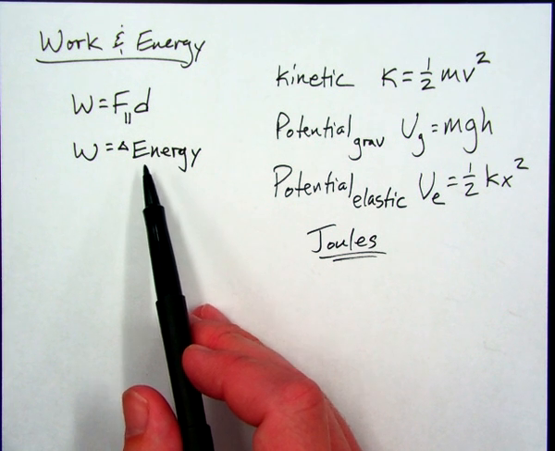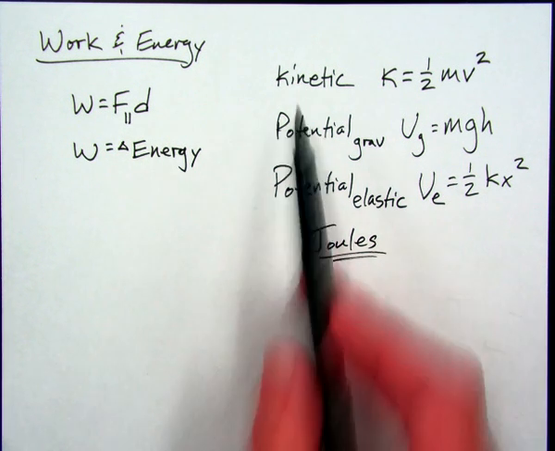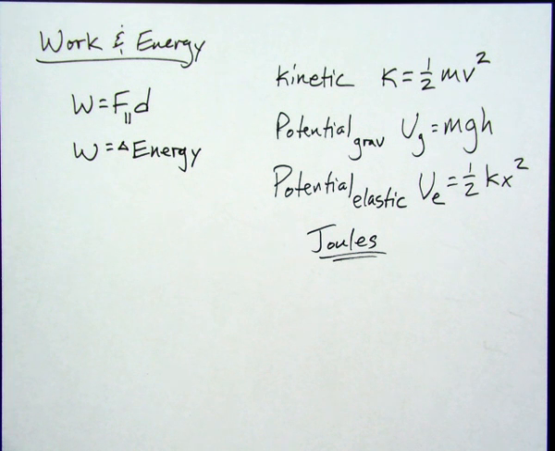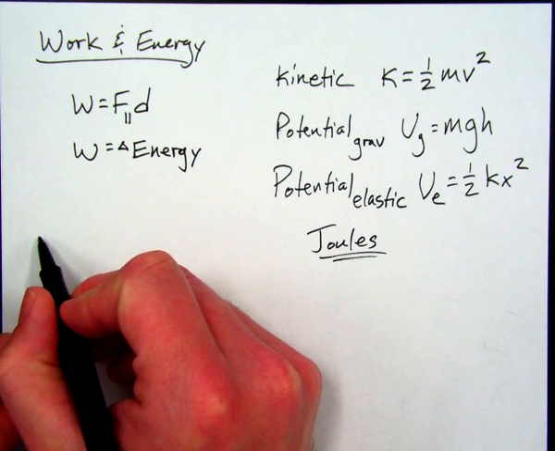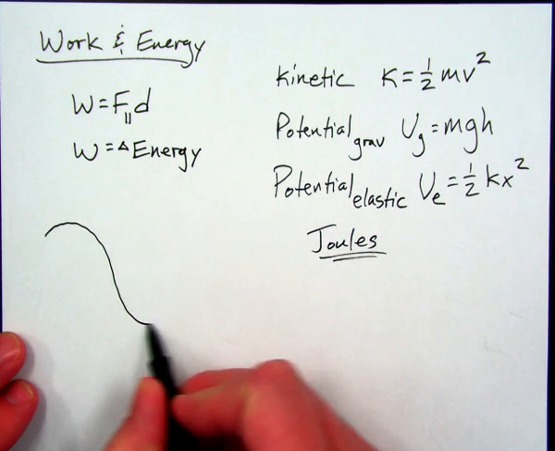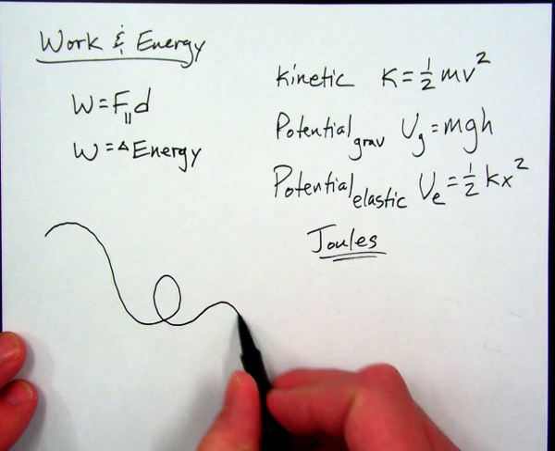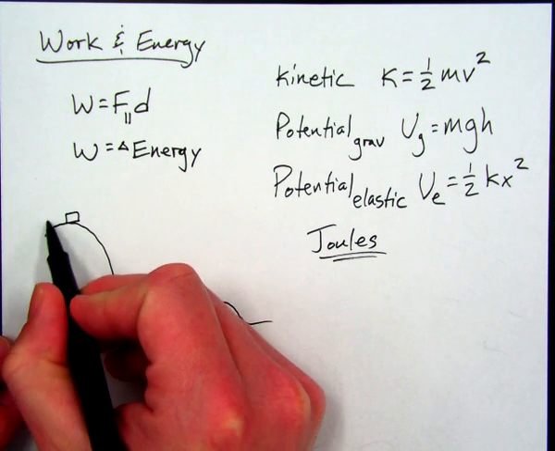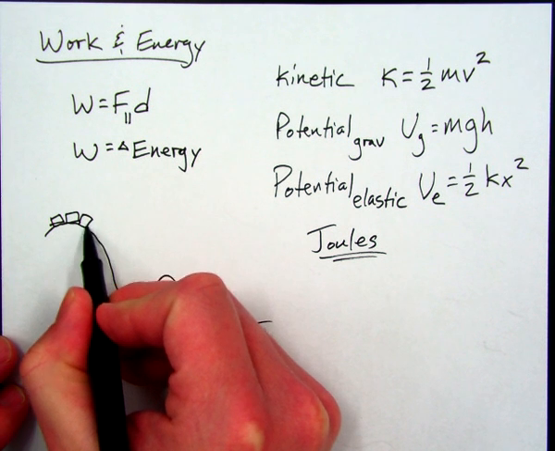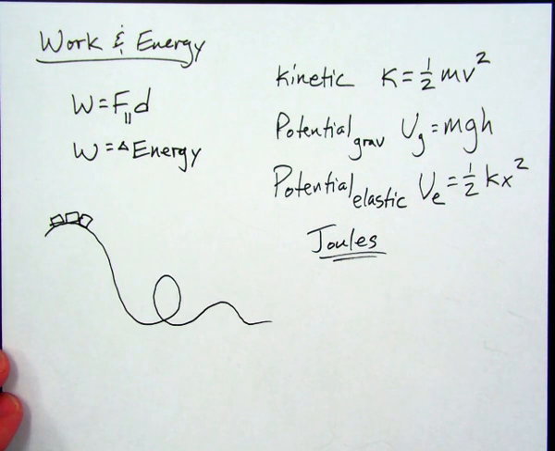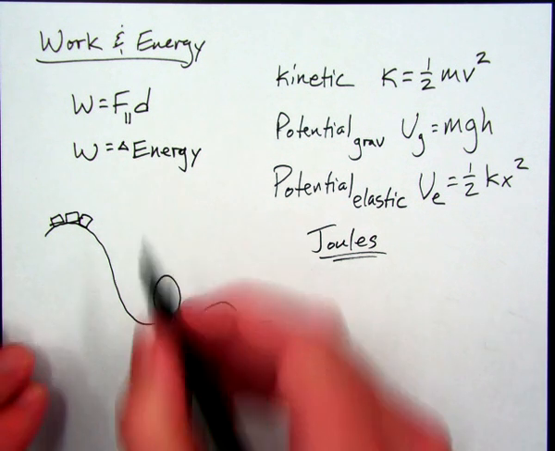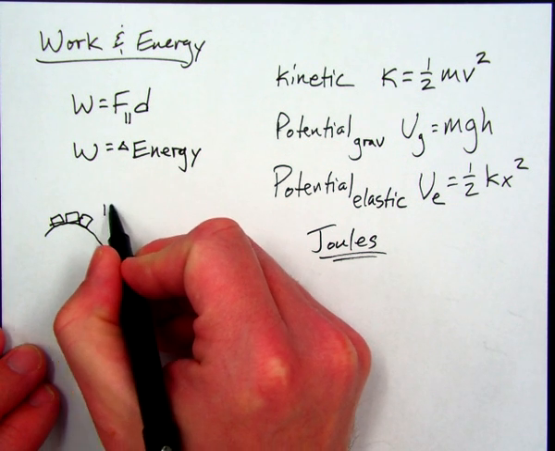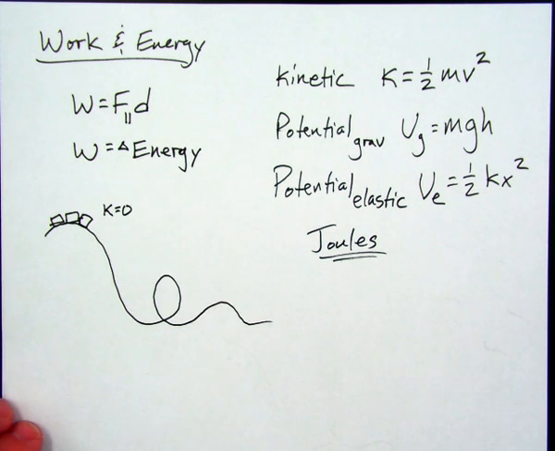But once there's energy in the system, it sometimes can change forms from one thing to another. I'll give just a simple example. If you have a roller coaster that's riding along on the track here, maybe this is our roller coaster up here, just at the precipice, ready to start rolling down the track. If it's not moving much, it doesn't have kinetic energy, so the kinetic energy here would be 0 joules.